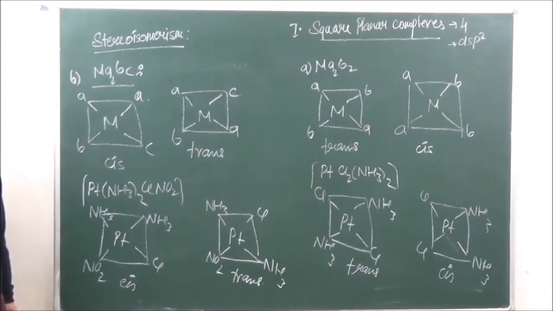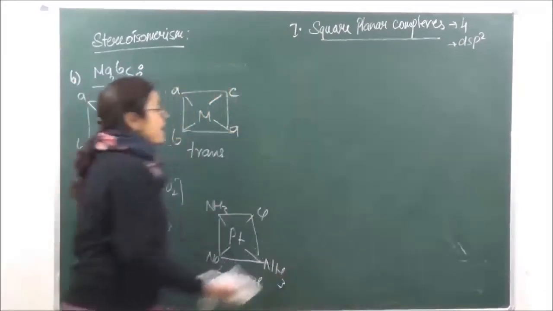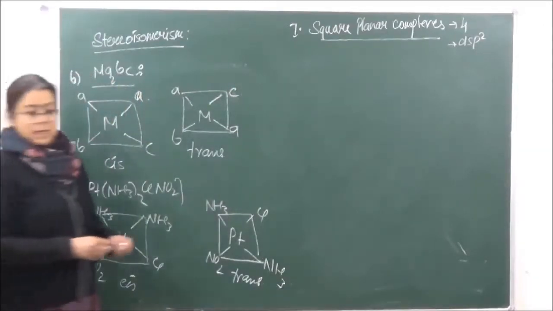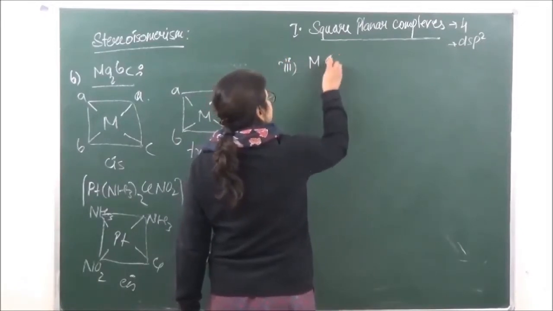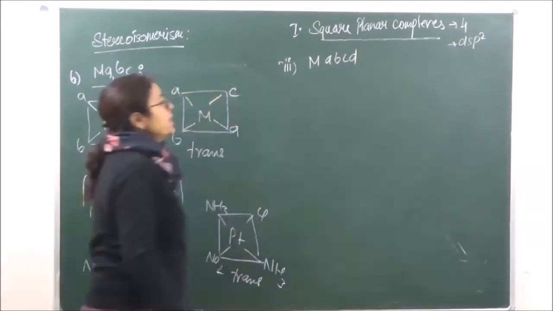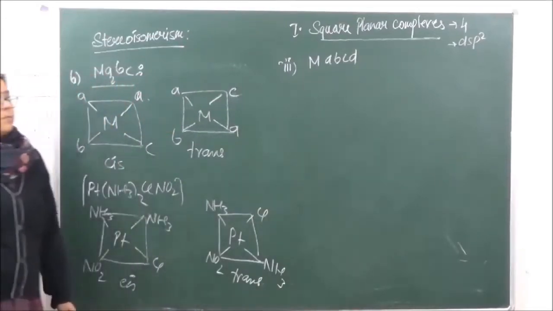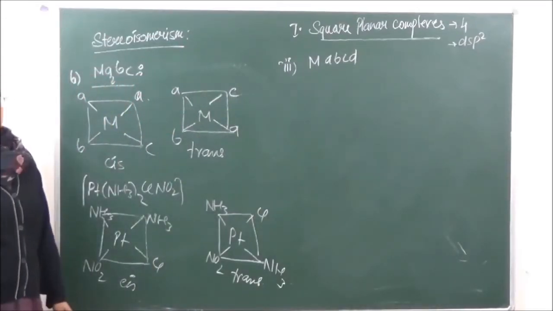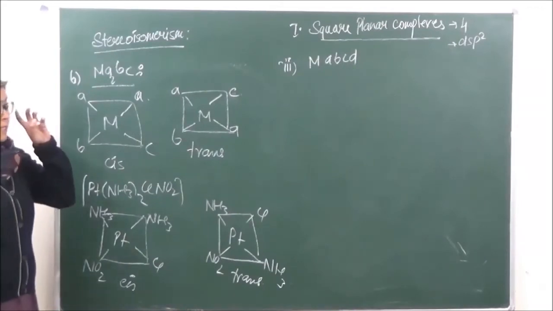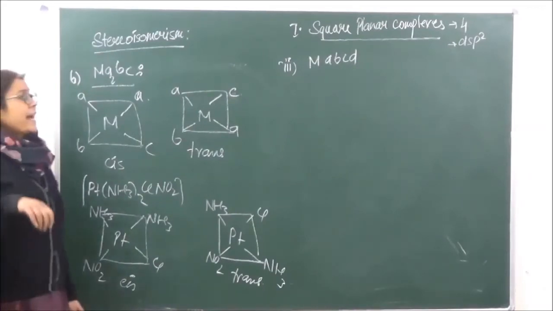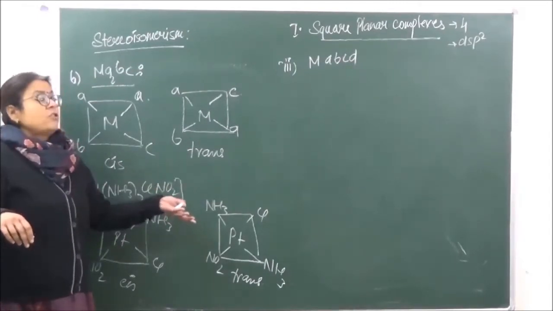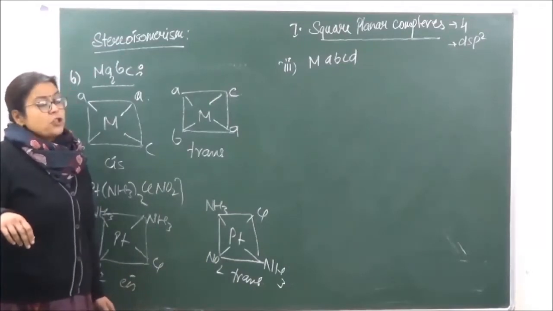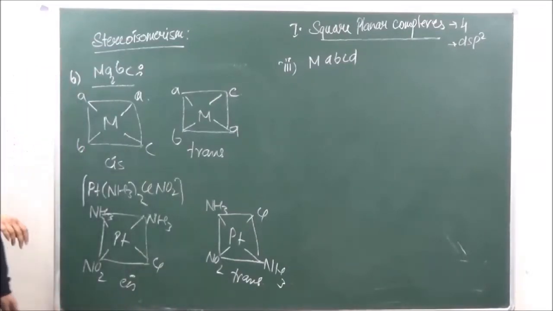Now over here, complexes of the formula MABCD. Now over here you cannot really pinpoint cis and trans, because all the ligands are different. But it can possibly have 3 different geometrical isomers in which the positions of A, B and C keep on changing.